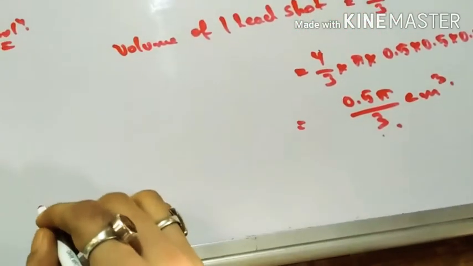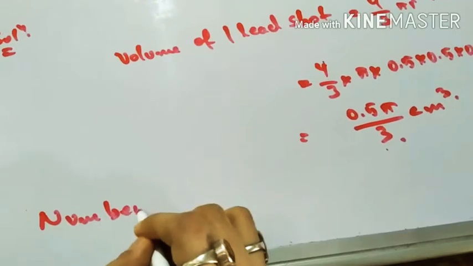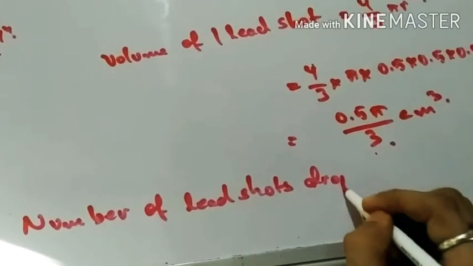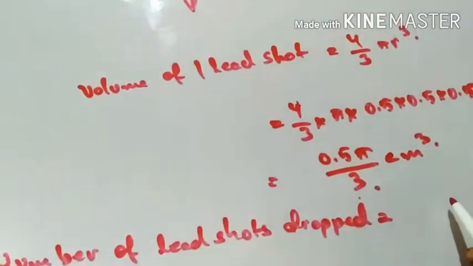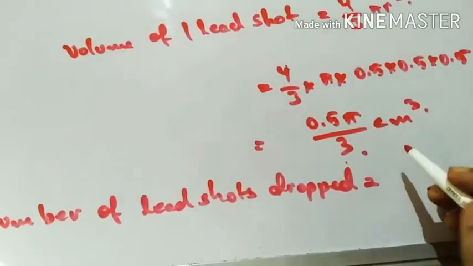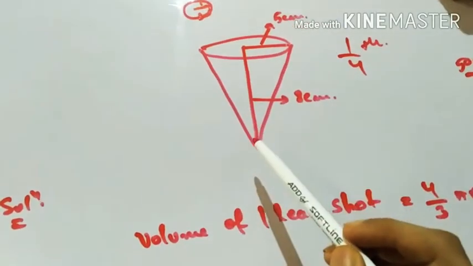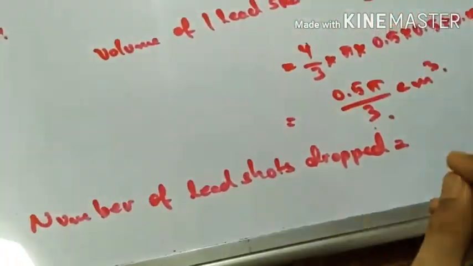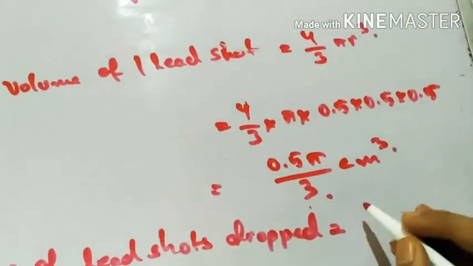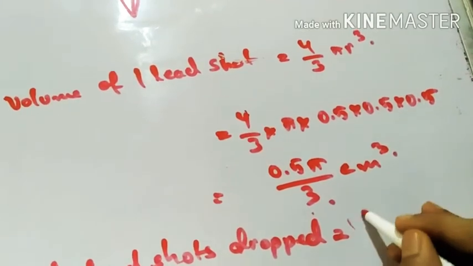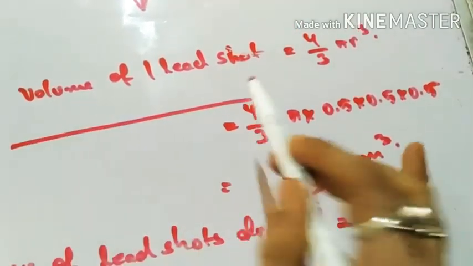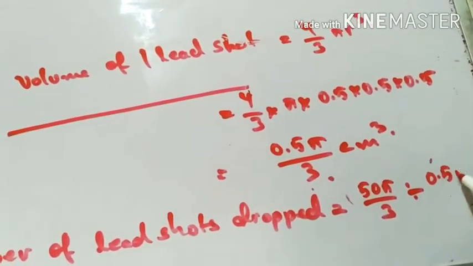Next I can find the number of lead shots dropped. Number of lead shots dropped is equal to 1/4 of the volume, which I got as 50 pi by 3, divided by the volume of one lead shot, 0.5 pi by 3.